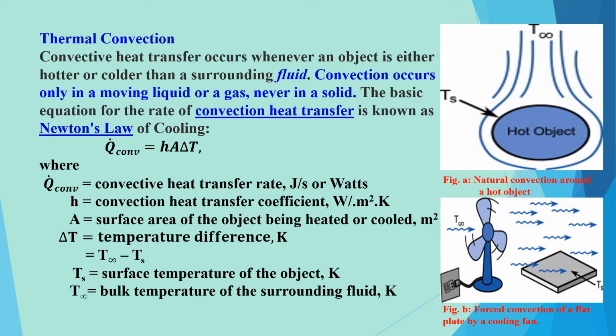T infinity minus T s, where T s is the surface temperature of the object in Kelvin, and T infinity is the bulk temperature of the surrounding fluid in Kelvin.